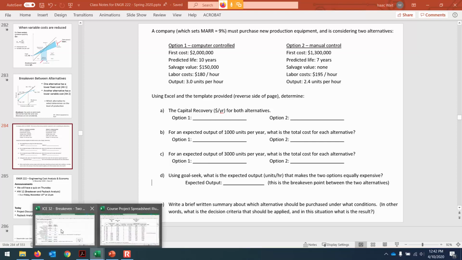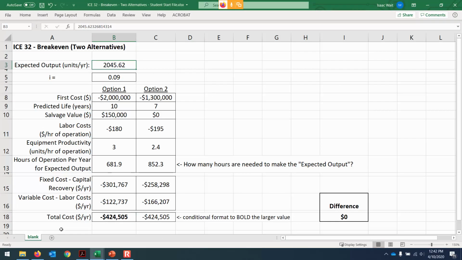And so that might sound something like, if your expected output is less than 2,046 units per year, then option 2 is less expensive. However, if your expected output is greater than 2,046 units per year, then option 1 is preferred.